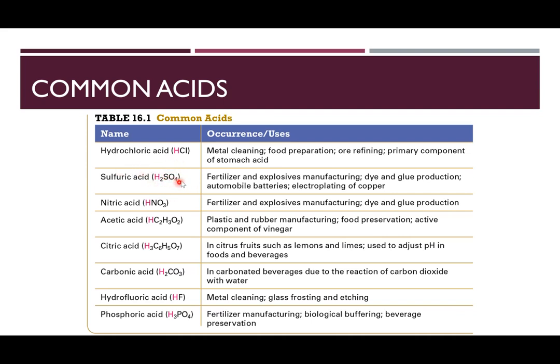Sulfate is SO4 with a -2 charge. And we see that when it forms an acid, oh, look, it has 2 hydrogens. Or nitric acid, we see NO3 is nitrate here, and it always had a -1 charge. And look, when it forms an acid, it has 1 hydrogen. So hopefully things like that are starting to come together as we build our skill set here.